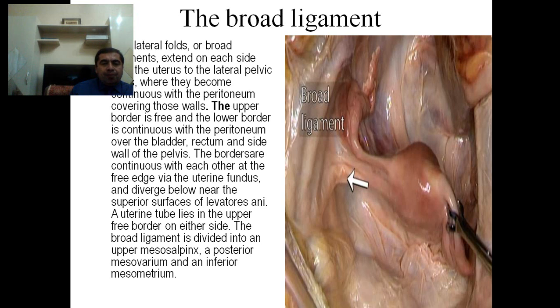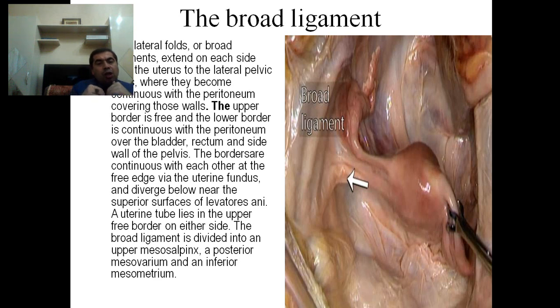The borders continue with each other at the free edge, while the uterine fundus is formed at the age of 6 or 7 weeks, but it can also fail to develop.